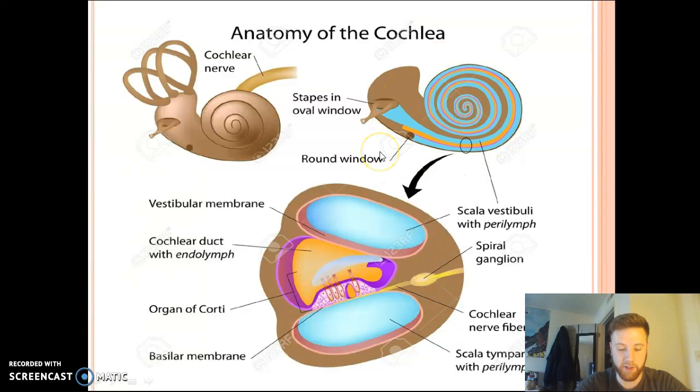Once the vibrations cause the fluid inside the cochlea to ripple, a traveling wave forms along the basilar membrane, and the little sensory cells that sit on the basilar membrane, which are known as hair cells, then ride the wave that the vibrations form.